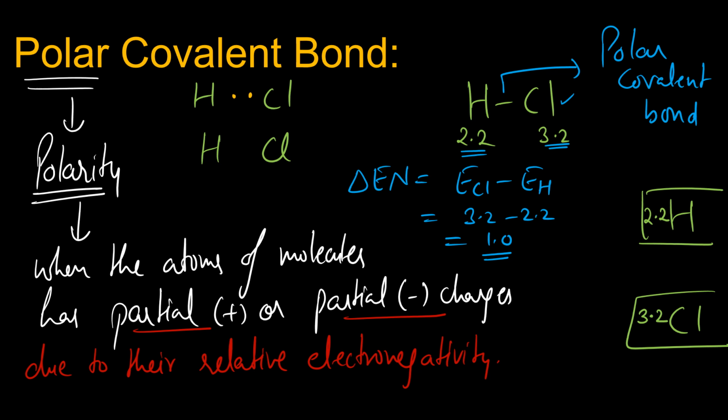Now chlorine is going to have a partial negative charge, and as the pair moves away from hydrogen, hydrogen will get a partial positive charge. So this results in polarity in this bond. That's why this type of covalent bond is marked as a polar covalent bond.